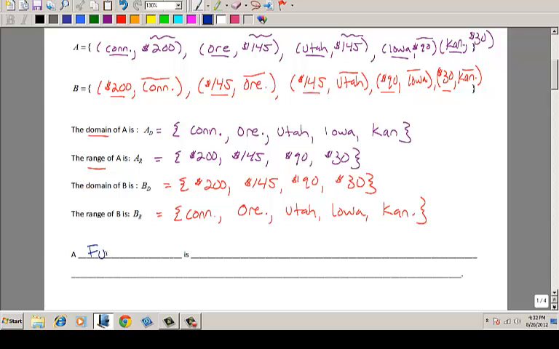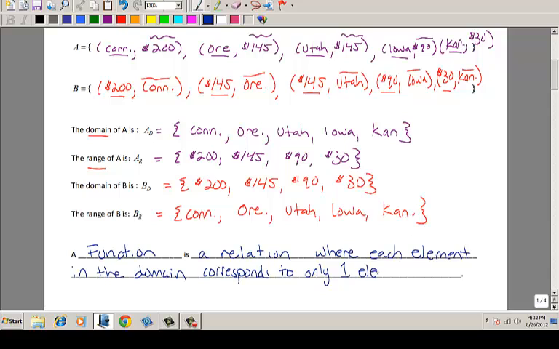A function is a relation where each element in the domain corresponds to only one element in the range.